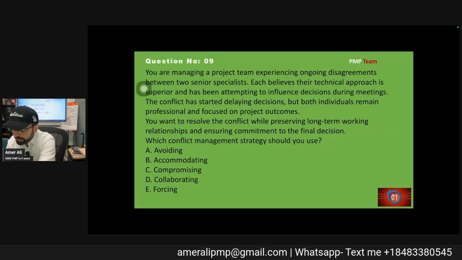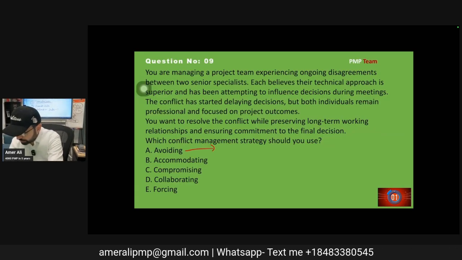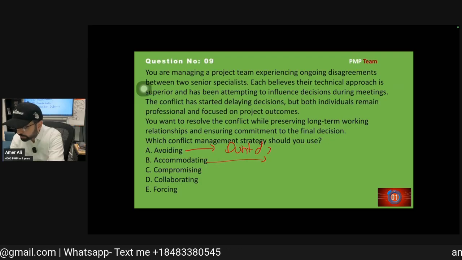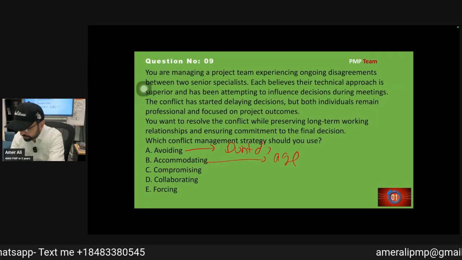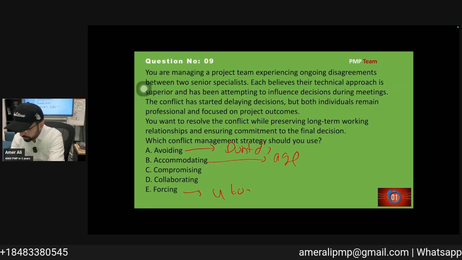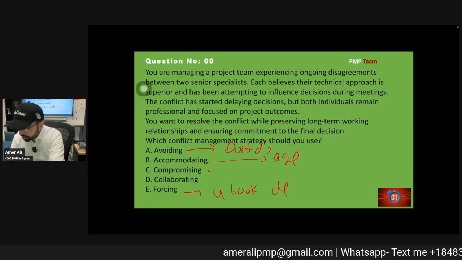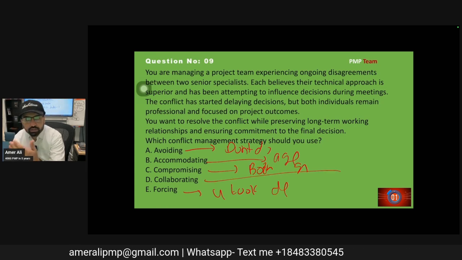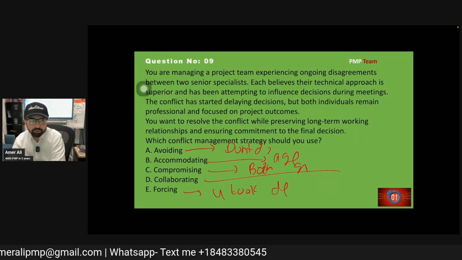Avoiding is that you don't do anything. Accommodating is lose-win, agreeing with what the other person is saying. Forcing, you took the decision. Compromising, both parties give up. Collaborating, you discuss and find the best solution.